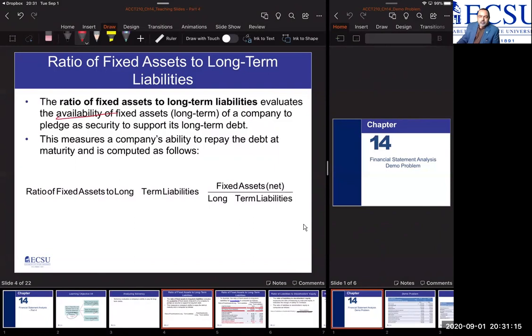In fact, they will be interested to lend you money. So that's why we are talking of the ratio of fixed assets to long-term liabilities, whereby we divide the net fixed assets, net of depreciation, by the long-term liabilities. Those are the two elements of this ratio.